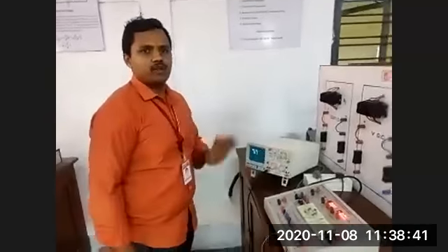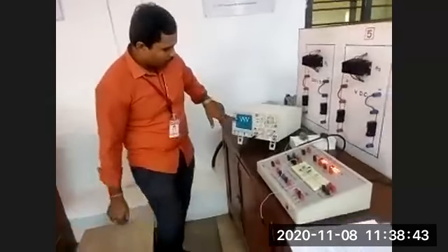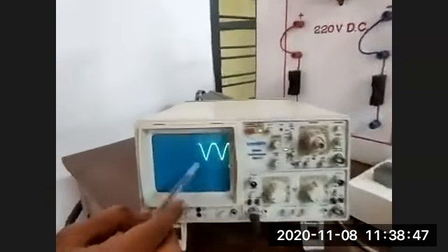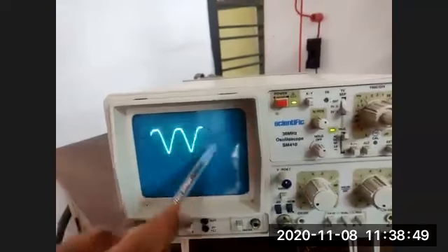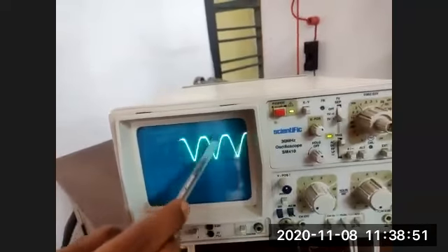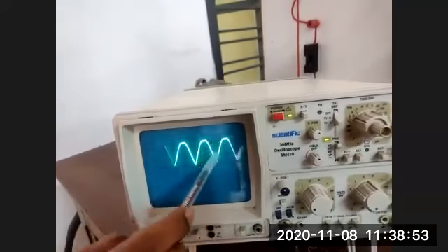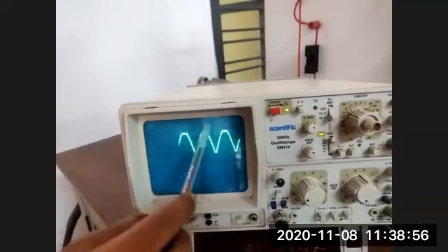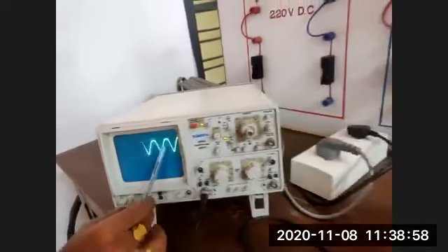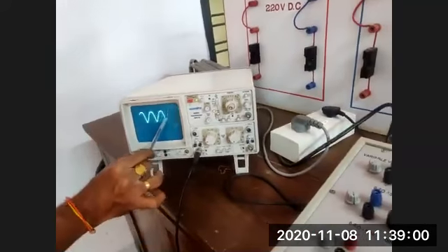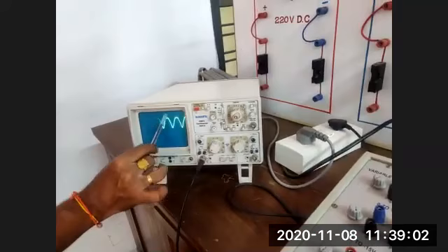In a full wave rectifier, the entire sine wave is given to the input and you obtain the full wave output. In a half wave rectifier the negative half cycle is clipped off in the output, but the connection of these four diodes presents the other half cycle also. That's why this is called full wave.